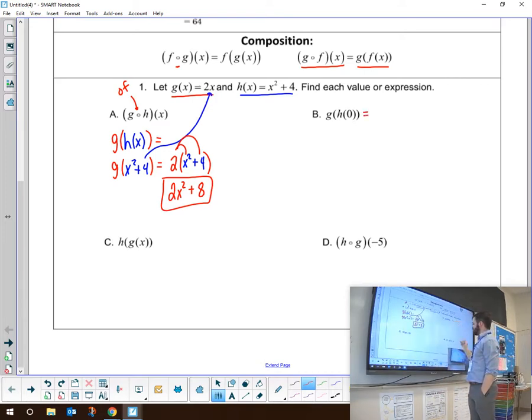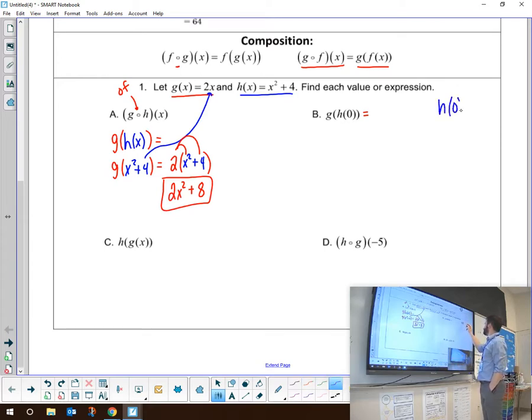Okay, now let's do this one. G of h of 0. Now, we're nesting h of 0 inside of g. I need to figure out what h of 0 is. I know what h of x is. H of x is x squared plus 4. But I don't know what h of 0 is. Well, we can figure it out, can't we?